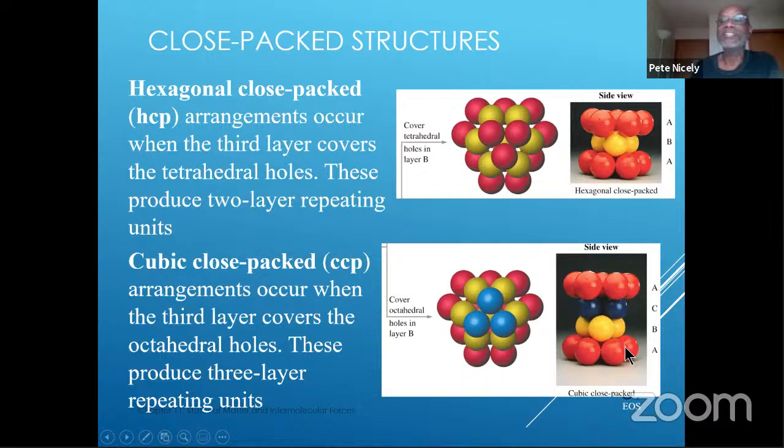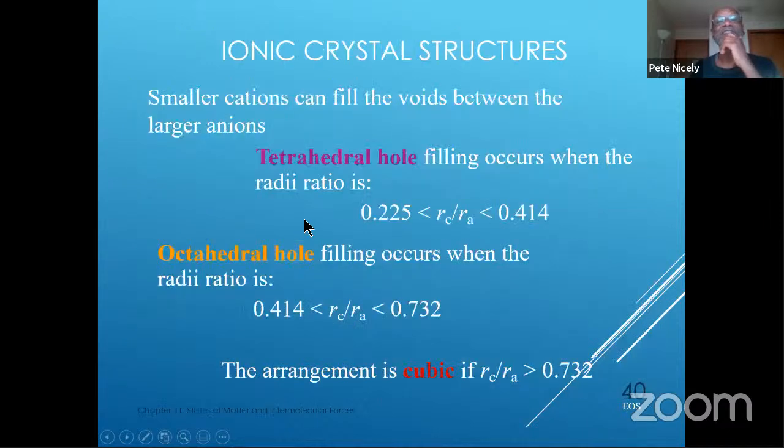So we call this an ABC, ABC, ABC arrangement as you go from the bottom to the top. As stated here, this sort of arrangement produces a 3-layer repeating unit, all right? So those are the two different types of close packed structures that one can identify.